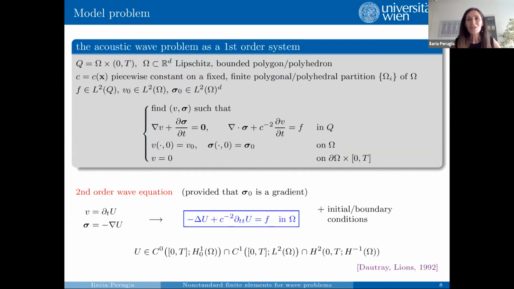To see the relation between this problem and the second order wave equation, it's enough to think that v is the time derivative of a function, say capital U, and sigma is minus the gradient of U. By using these two definitions, you rewrite the system as the standard second order wave equation.